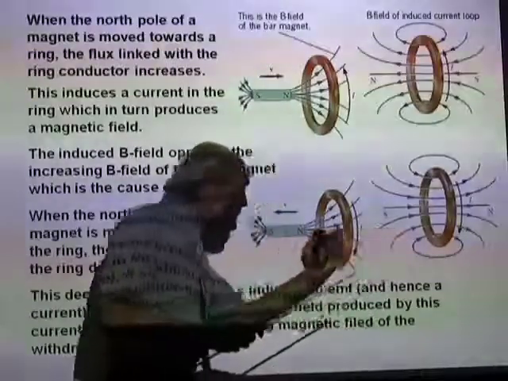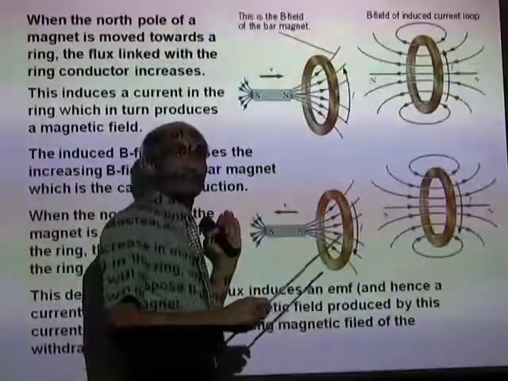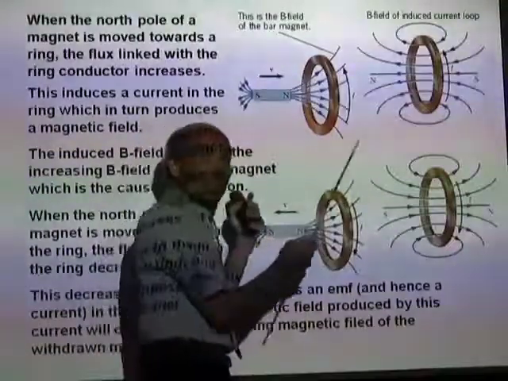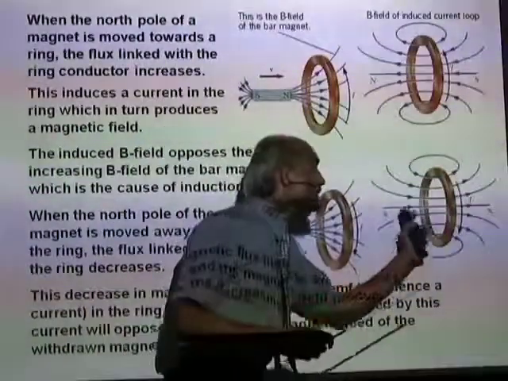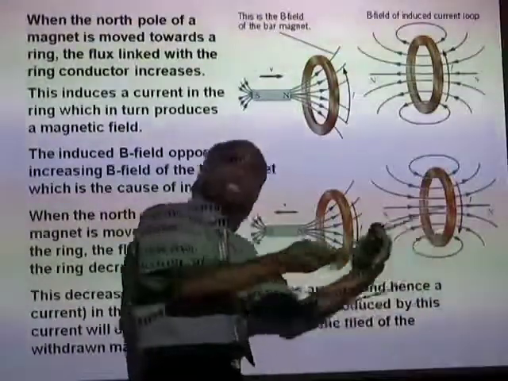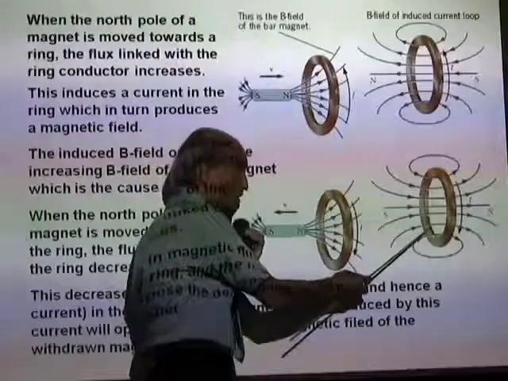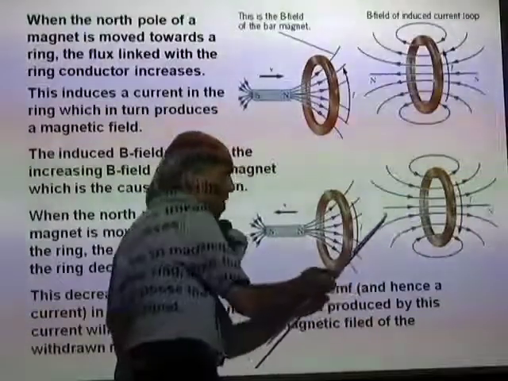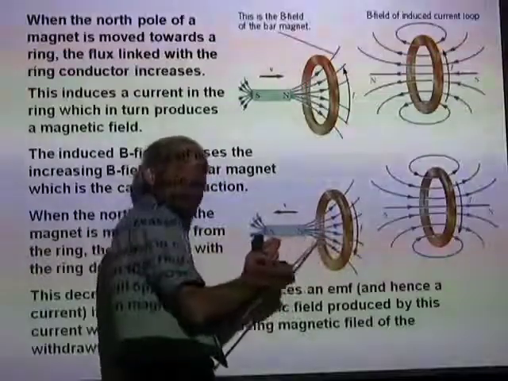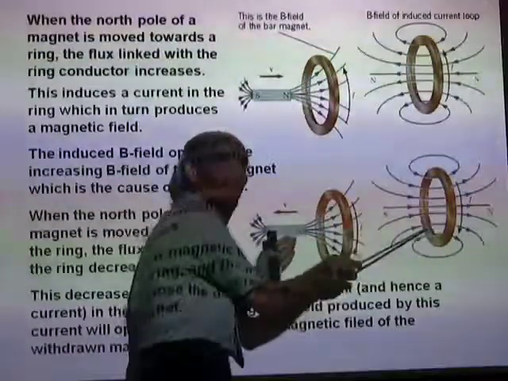When a north pole is moved away, the magnetic flux linked with the conductor decreases. And that decrease in magnetic flux will induce a current here, which will oppose the decreasing magnetic field. The only way to oppose the decreasing magnetic field due to a north pole moving away is to create a south pole there.